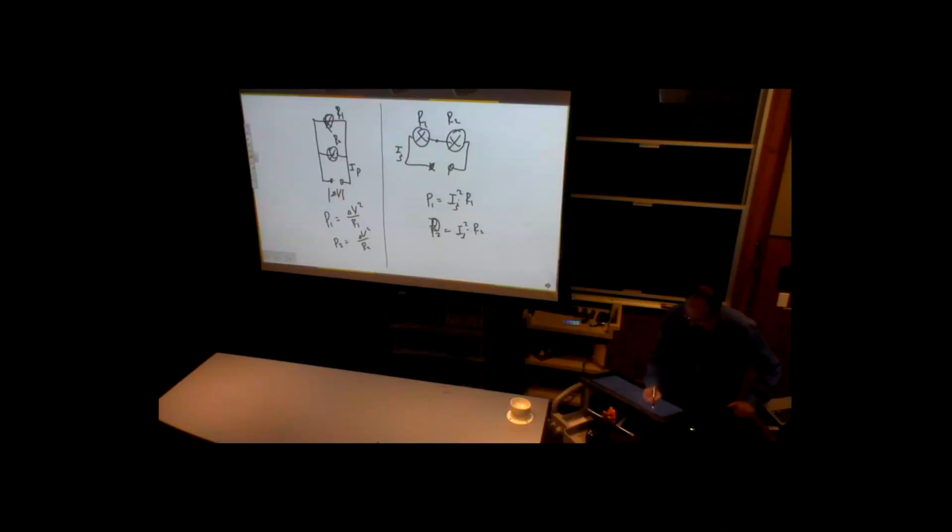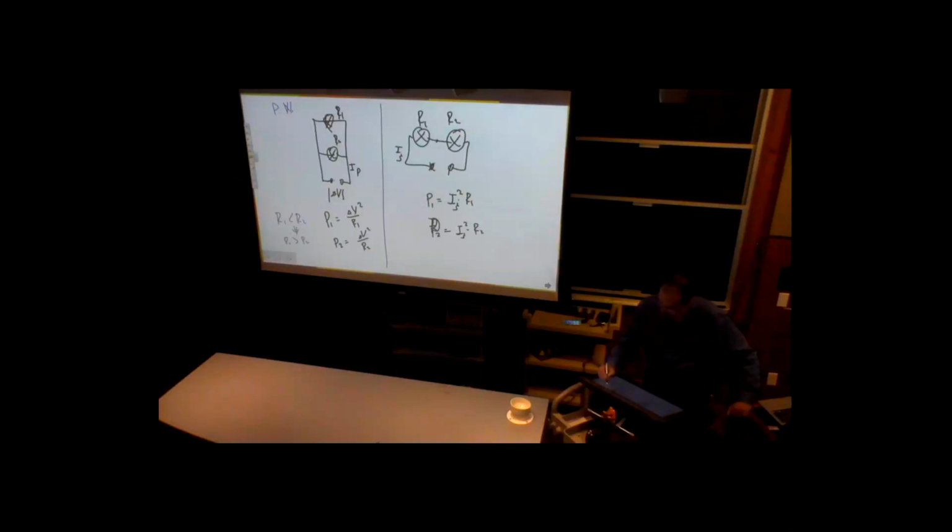Parallel wiring. If you look at these two fractions, P1, P2, if R1 is, let's say, less than R2, because R1 is a denominator and the voltage is the same for both, that means P1 should be greater than P2.